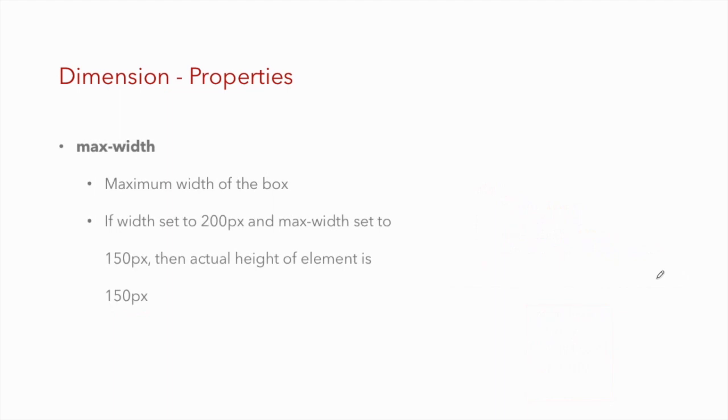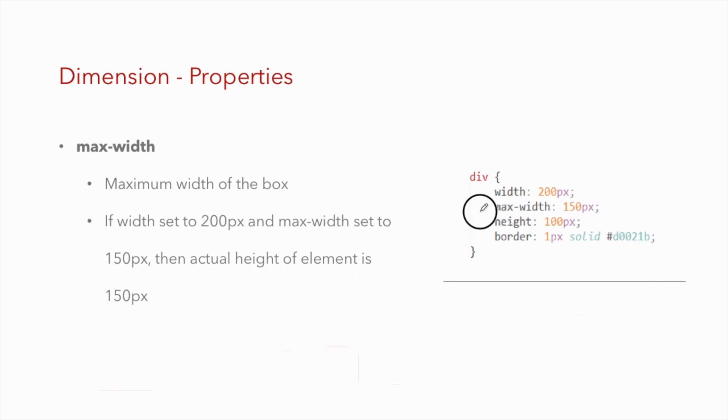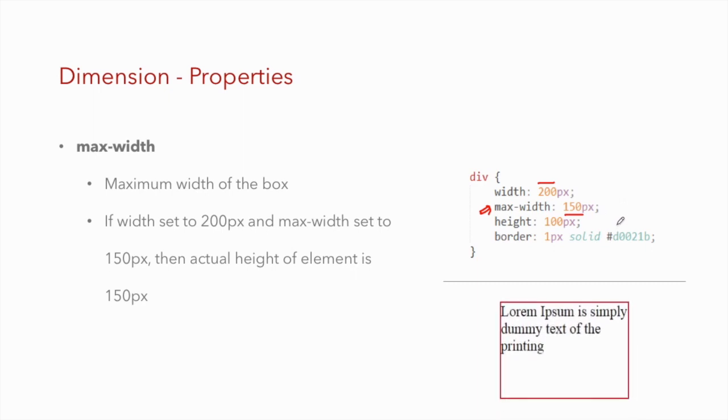And then finally, we will talk about max width, and this will be applied to the width. It is similar to max height. So maximum width can be applied as the specified value. Here we are saying 150, but even if I say width as 200, even with that, maximum width for the specified element will be 150.